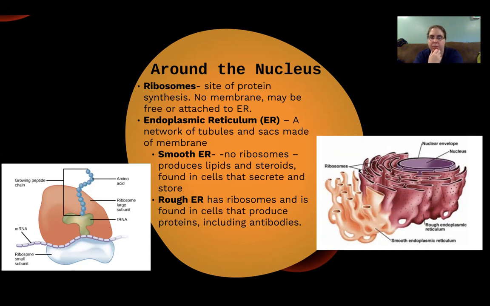You tend to find a bigger smooth ER structure in cells that can secrete and store lipids and steroids, such as your liver.